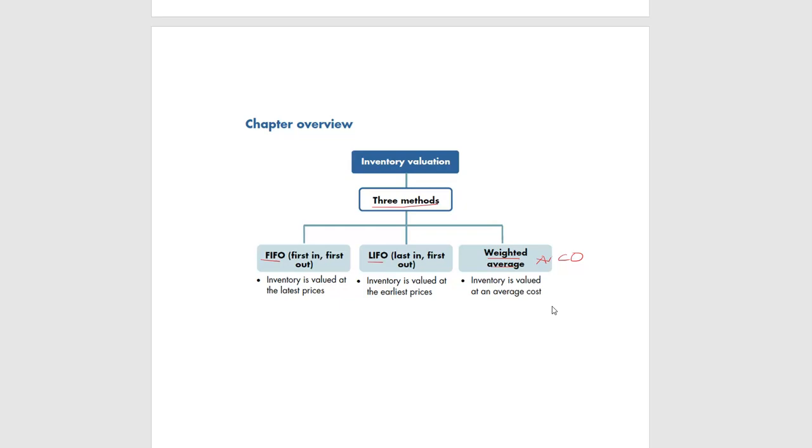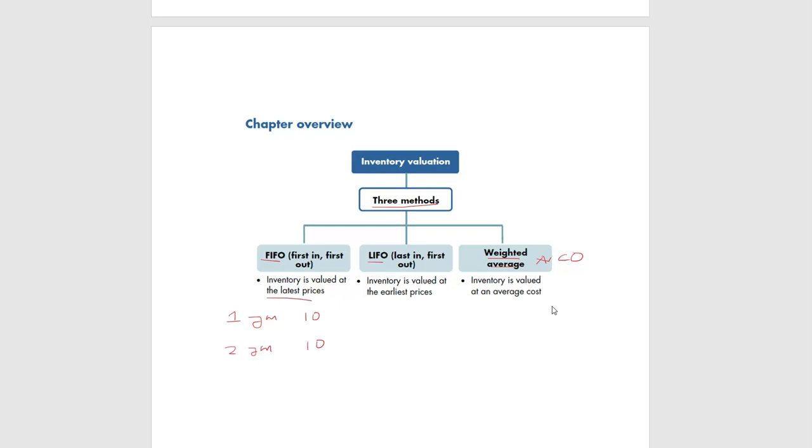So let's talk about FIFO. FIFO says inventory is issued at the earliest price. That means if I buy inventory at the beginning and later on, I always issue the inventory at the beginning price first. For example, on 1st of January I have purchased some inventory, let's say 10 units, and on 2nd of January we have purchased another 10.